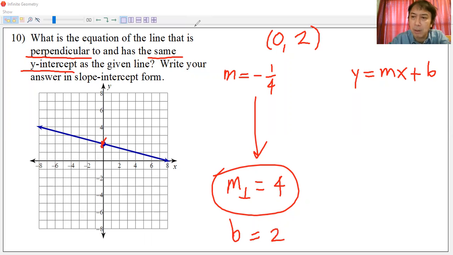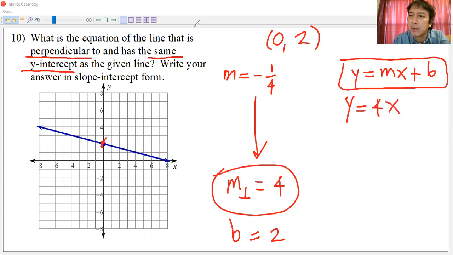We can now use the slope-intercept form. This must be written y is equal to m, that's 4, times x plus 2. That's the answer.